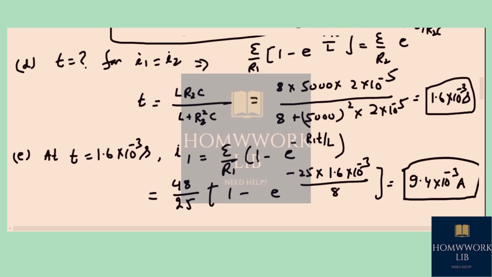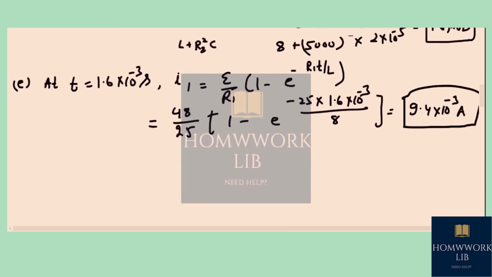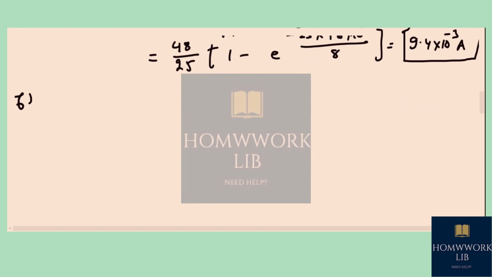Now in the last part, we have to find the time t half for I to be equal to I1 by 2, that is 1.92 by 2, 0.96 ampere.